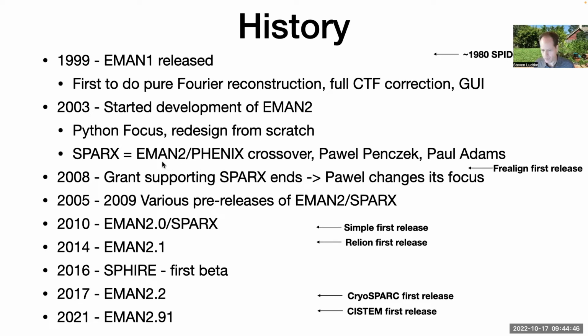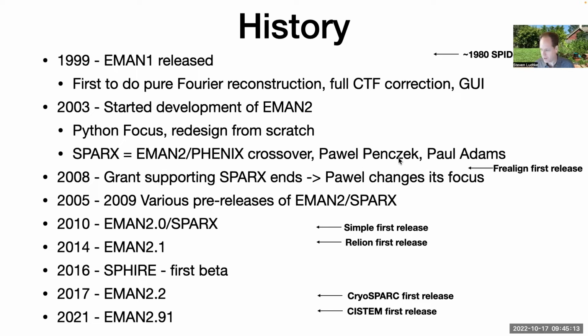The goal was to produce a combination of EMAN2 and Phenix, Phenix being an X-ray crystallography software package. Ultimately, that goal turned out to be kind of premature. We did some stuff, but it wasn't really interesting at the time because there was such a big resolution disparity between the two fields. Now those things have actually begun to really emerge, 15, 20 years later.